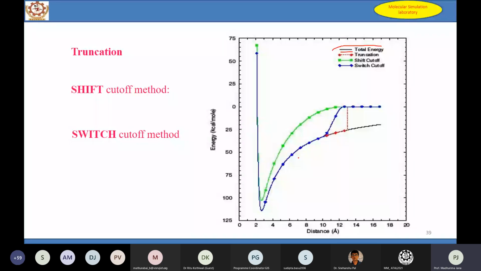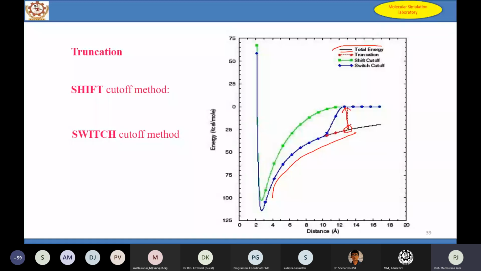I had already shown the Lennard-Jones potential graph for it, and this should be the nature of the curve. Now when I put in a truncation, some cutoff, the energy goes like this, and then suddenly at the cutoff distance, suppose 12 is my cutoff distance, it goes to zero.